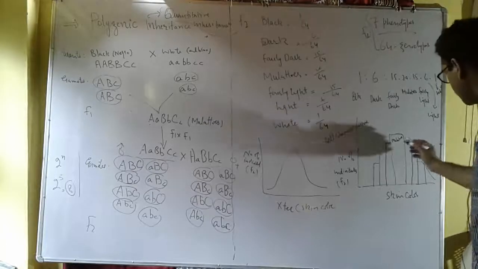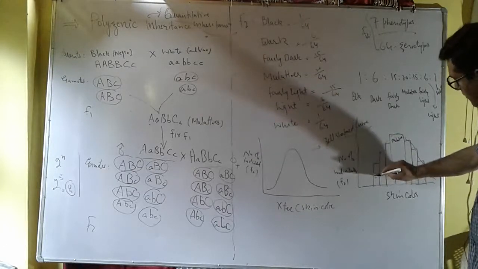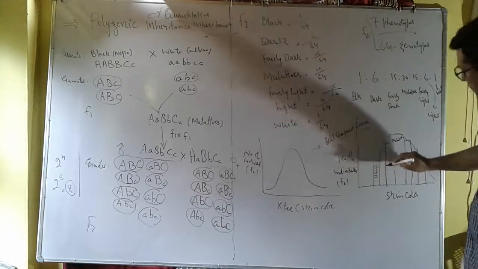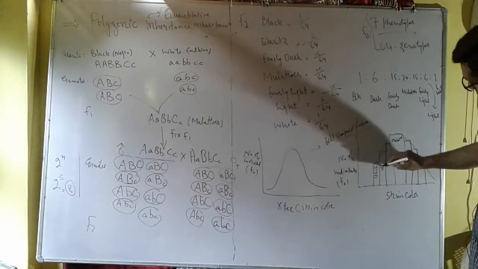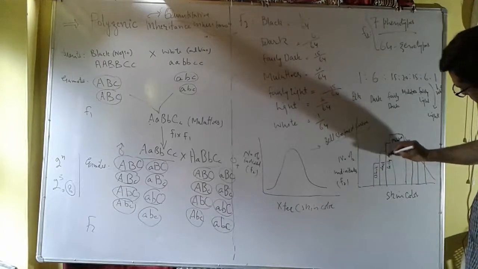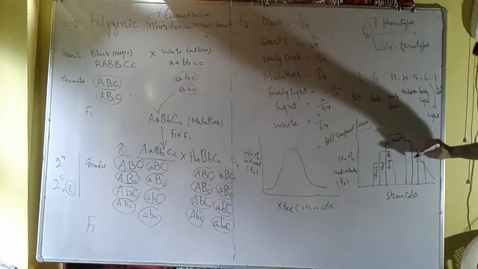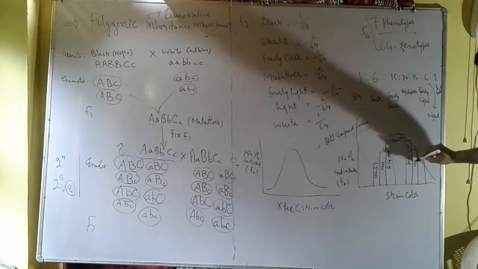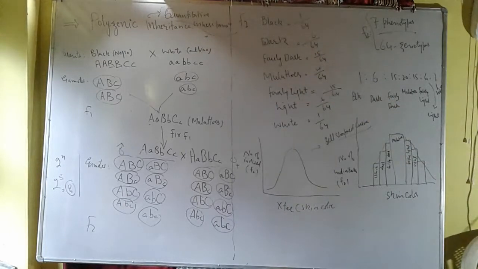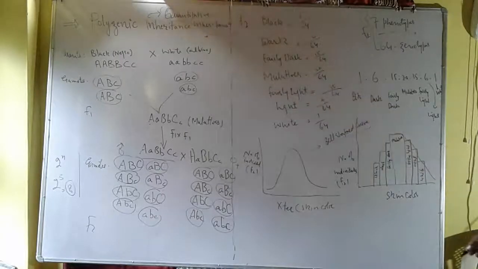So here we have black color individuals, these are dark, this is fairly dark, these are mulattoes, then we have fairly light, light, and then white, which are called albinos.